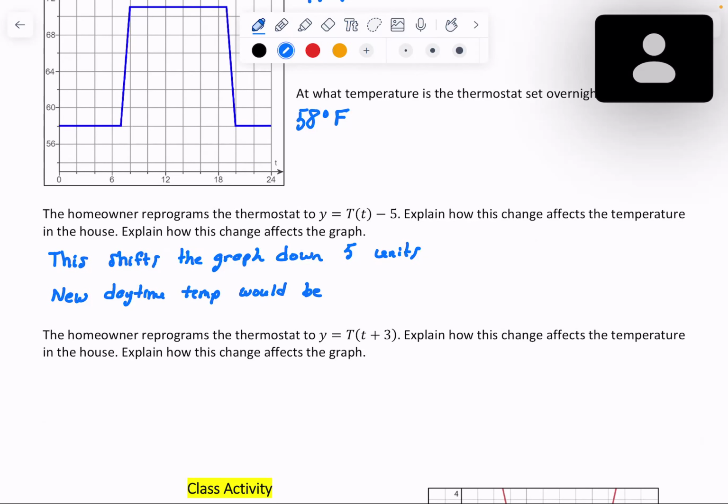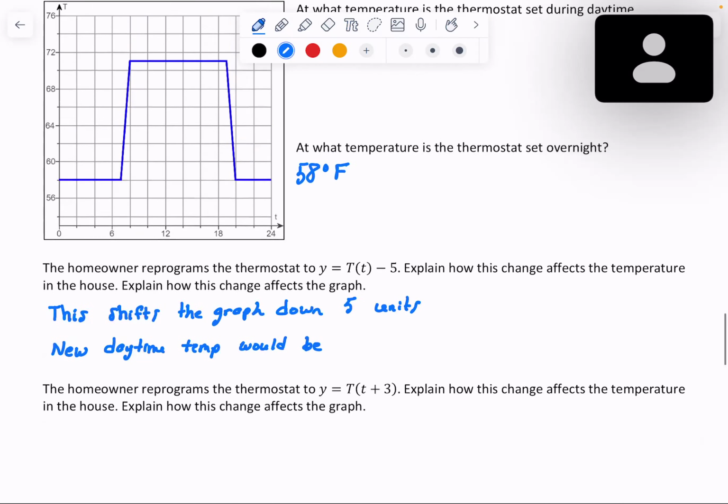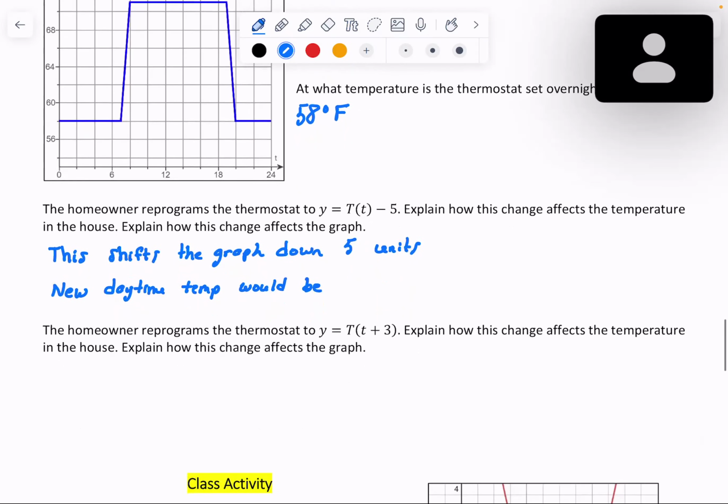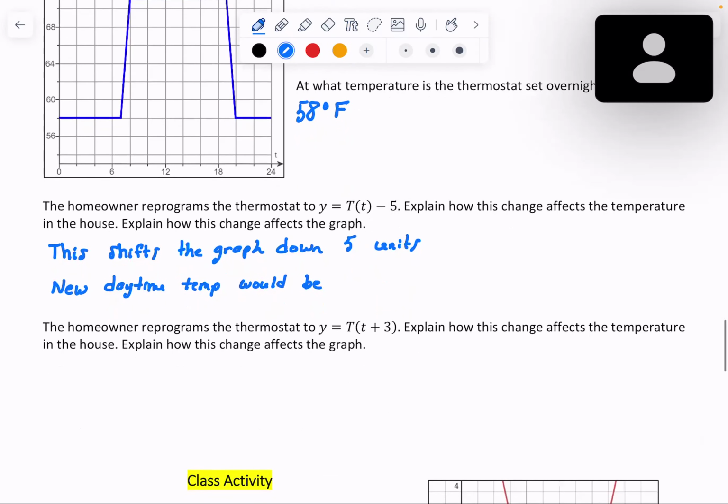Yeah, 66 is correct. All we're doing is just taking that 71 degrees and shifting it down 5, so it would be 66 degrees Fahrenheit.